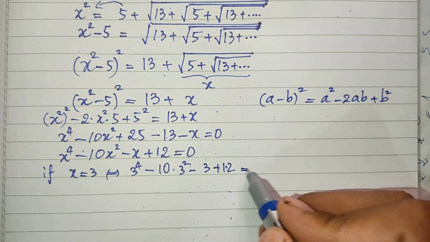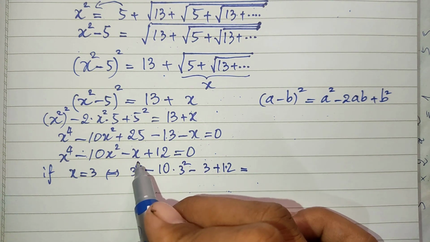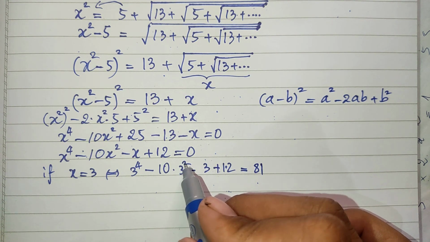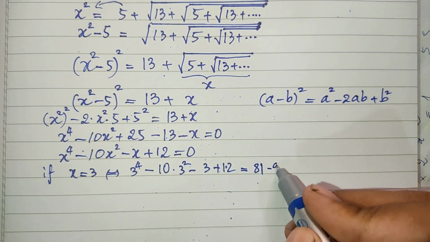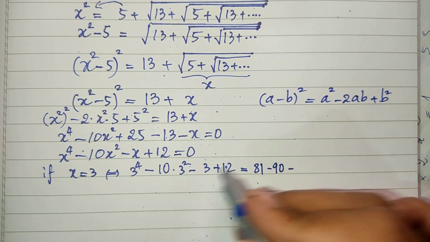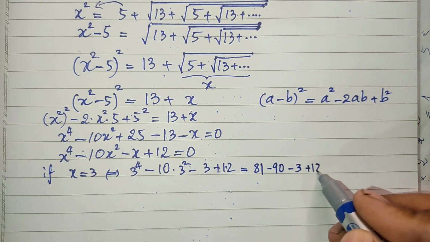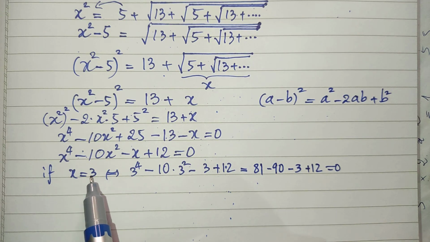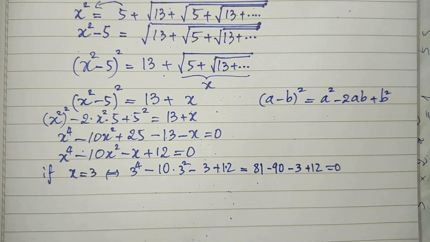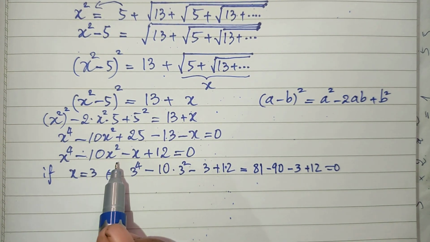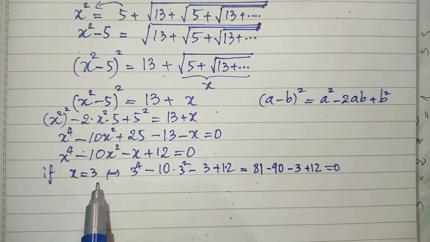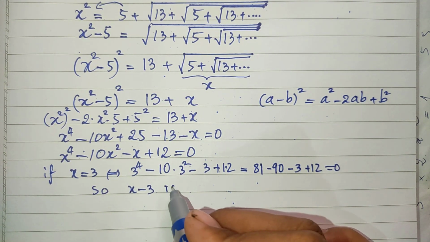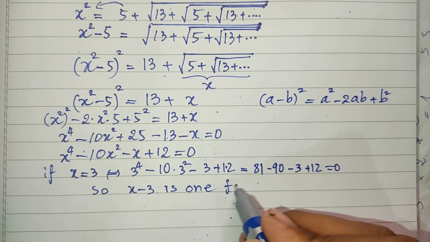So we get 0. So if we replace h equals 3 in our equation, we get 0. So h minus 3 is one factor.